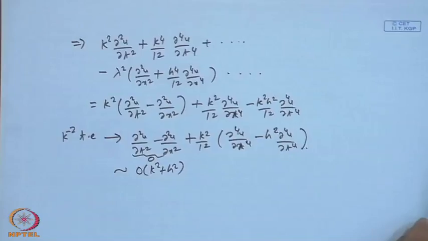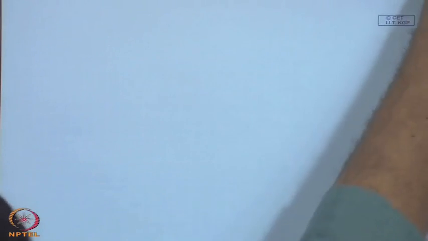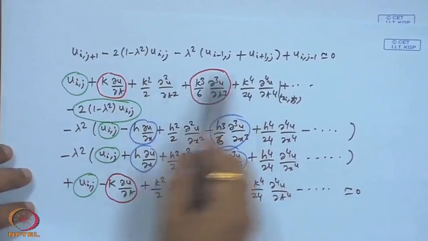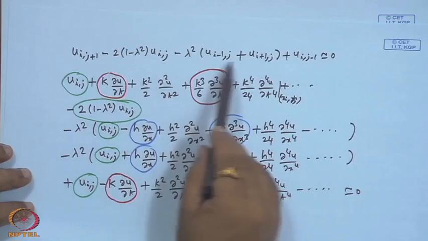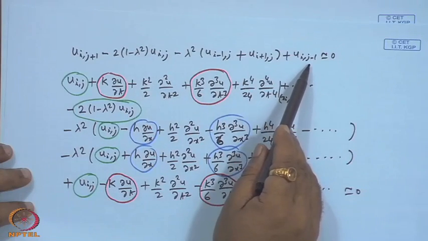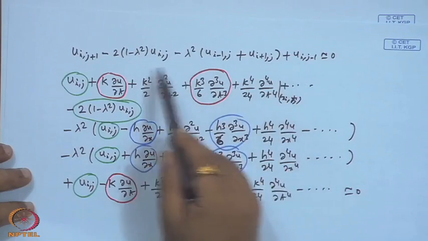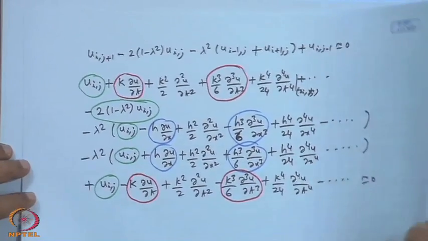However, let us observe closely the equation, this one. As I mentioned in the remark, we need values at two past time levels, j minus 1 and j. Let us see how we can proceed with this.